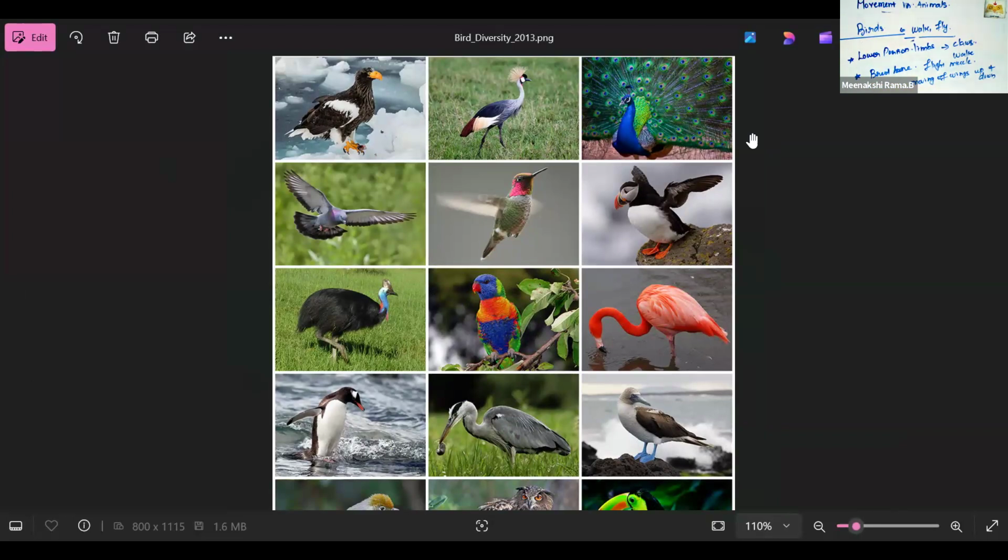Just look at the wings as well as the claws. Different kinds of wings and different kinds of claws are present in their bodies. So there are different kinds of birds in our nature.